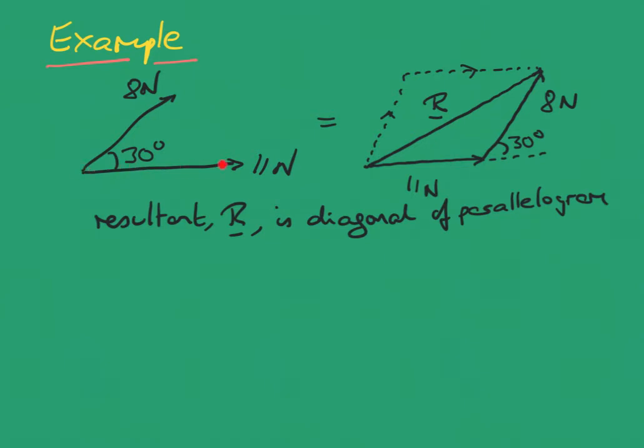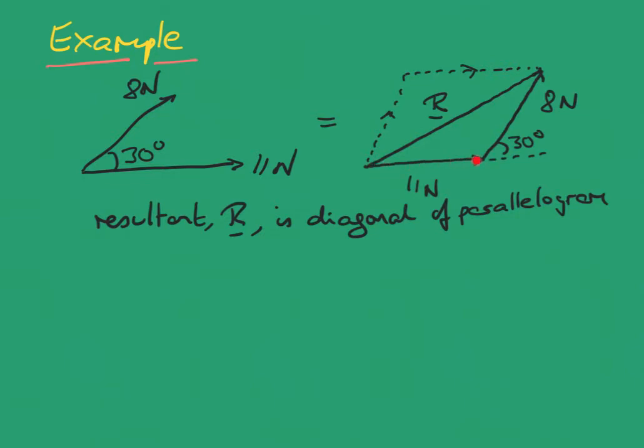So here is the example that I want to solve on this slide. We have two forces, one of 11 newtons and one of 8 newtons, and the angle between them is 30 degrees. And to calculate the resultant of adding these two forces together using the head-to-toe method, what we do is we take one of the forces, I'm choosing it here to be the 11 newtons, and do not change that, but then I take the 8 newton force and I add its starting point to the end of the 11 newton force.